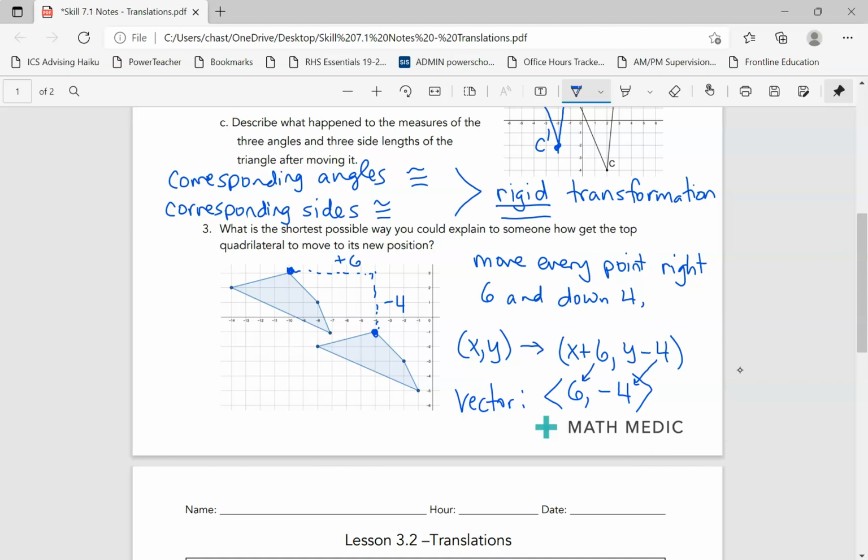So you might see vector notation as well. If you were to check that with other points, I'll do that really quickly. From here to here, we went 1, 2, 3, 4, 5, 6 to the right, and 1, 2, 3, 4 down. All of those points should move the same way, so that shows that that is in fact our translation.